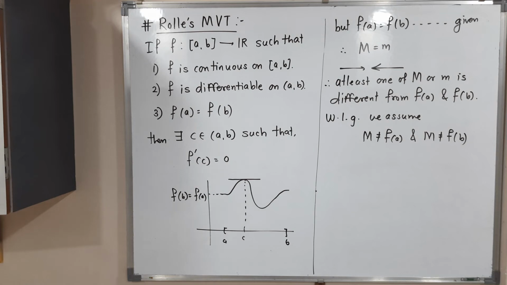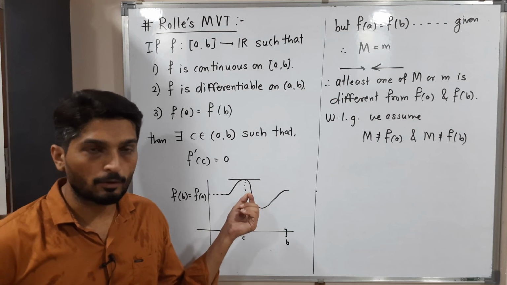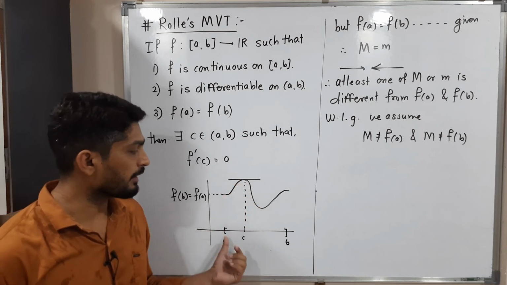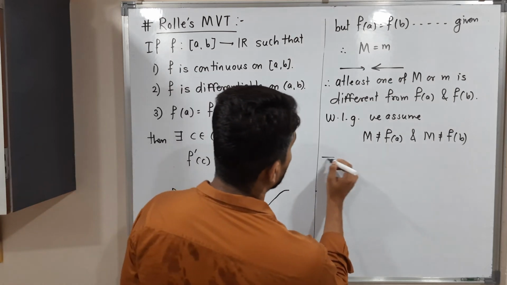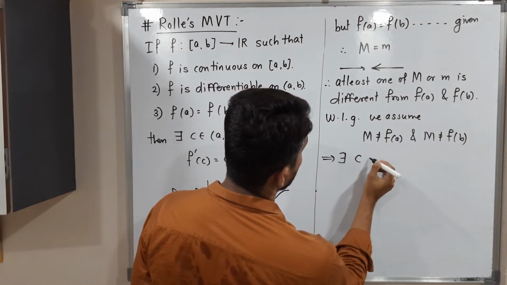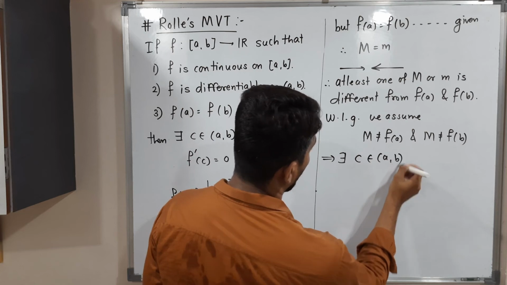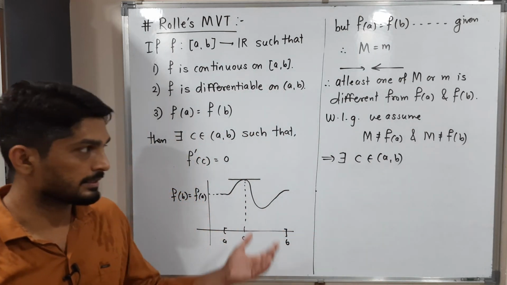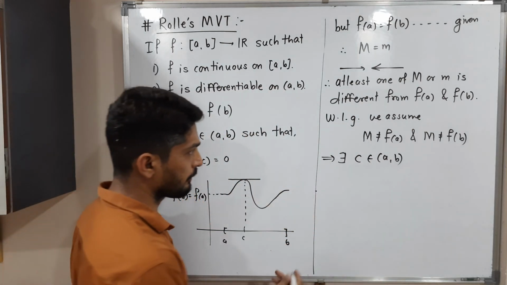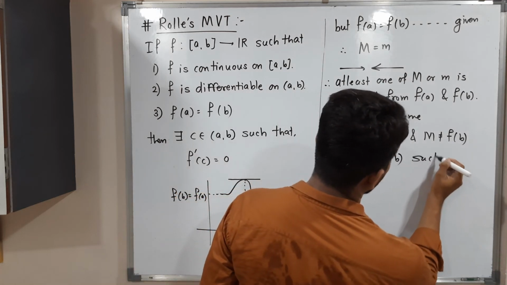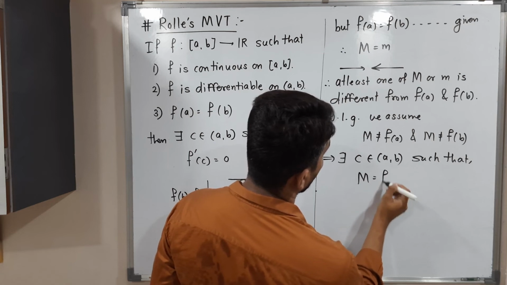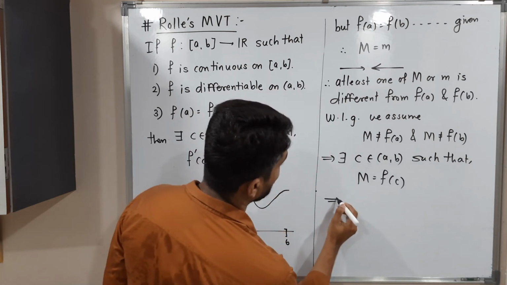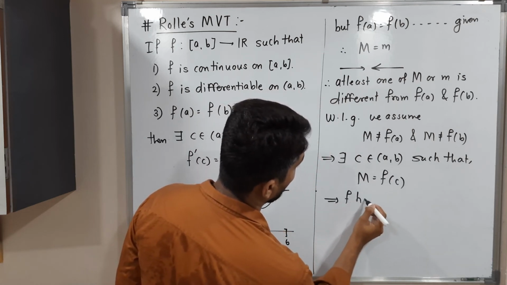So actually the same thing we have shown in this figure. The point where the function has a maximum value is different from f of A and f of B. So therefore I can write: implies there exists some point C, C belongs to open interval AB. Obviously C is not A and not B, so it belongs to open interval AB such that M is equal to f of C. It means f has maxima.